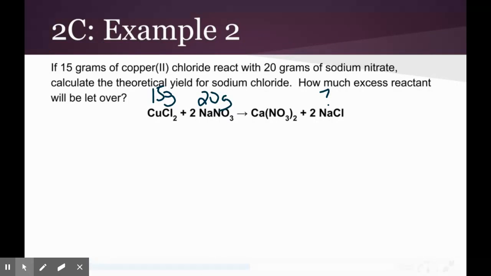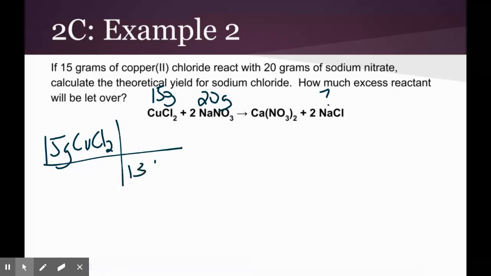So we're going to start with our 2 calculations, one from copper 2 chloride to NaCl, and then the other from grams of NaNO3 to moles of NaCl. So start with your 15 grams of copper chloride.